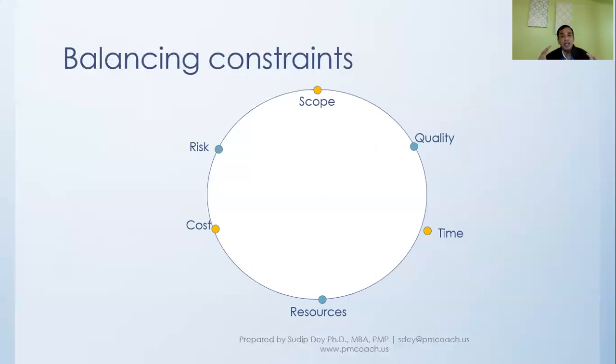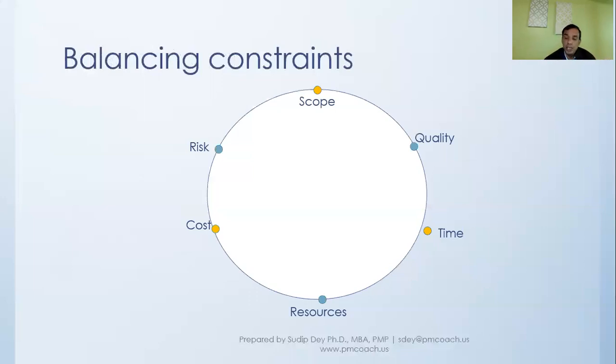But then what happens is, when you go into the project, things can change. The scope might increase, then it is not such a good round shape anymore, because the cost is still the same and the scope has increased, so it's not balanced anymore. So you have to balance it in some way, all these 6 constraints that we're talking about here.